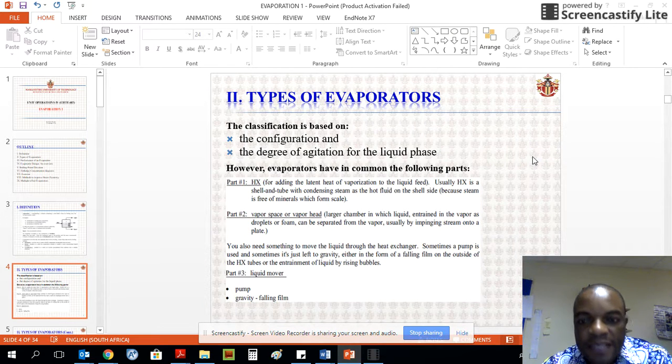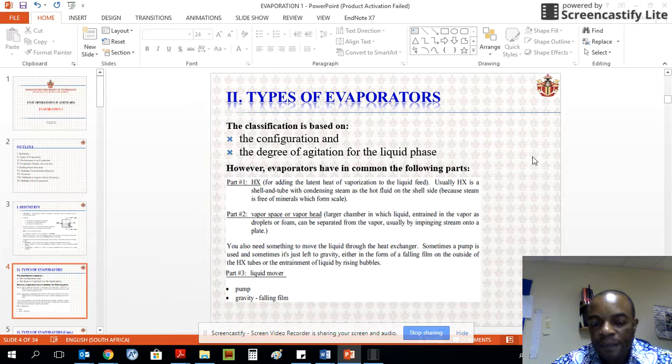The first one is a heat exchanger, where heat is added to the mixture in order to evaporate the volatile component. And number two, you have in your evaporator a vapor space or a vapor head, which is a chamber in which liquid and vapor phases are separated.